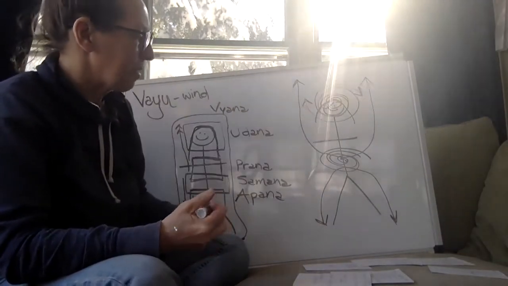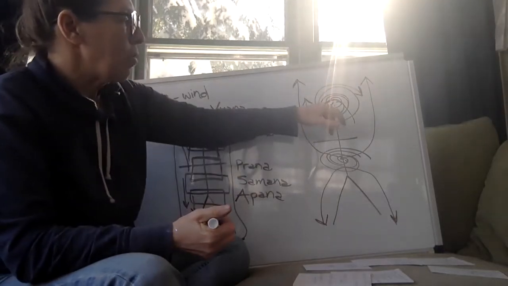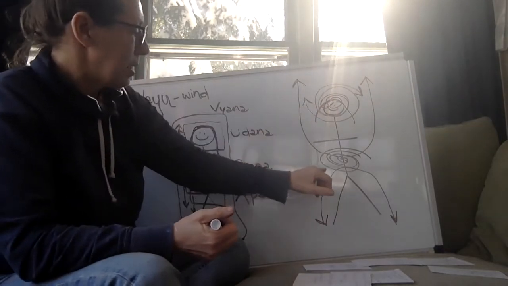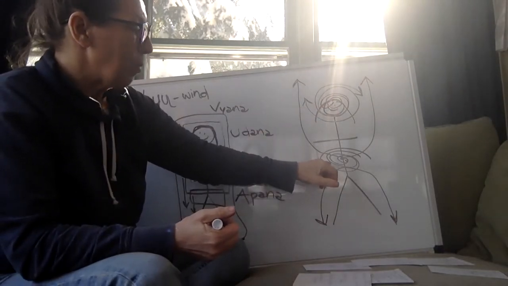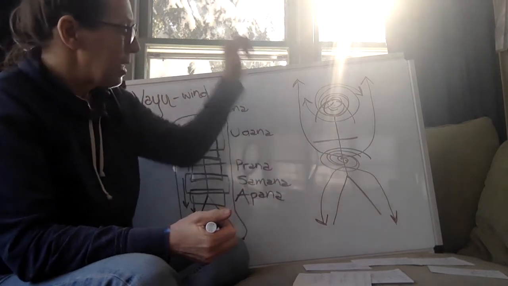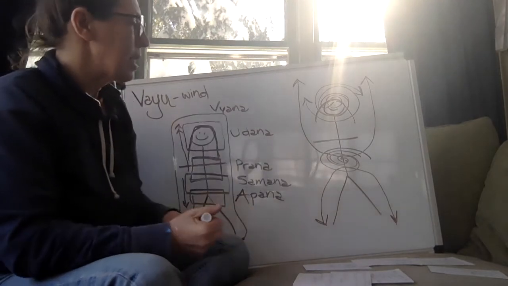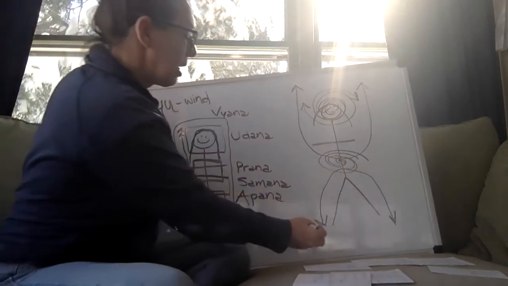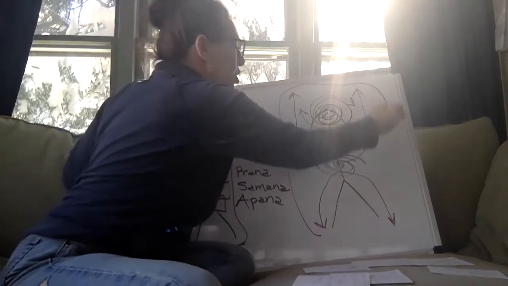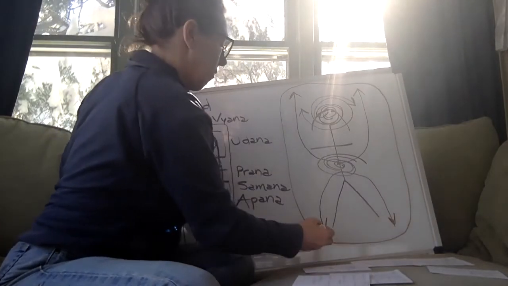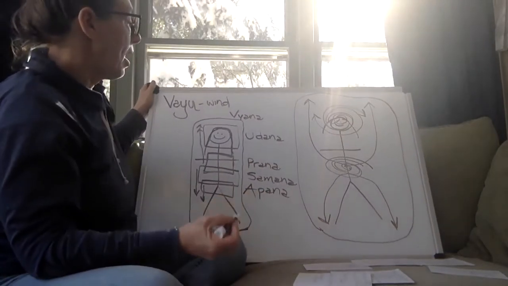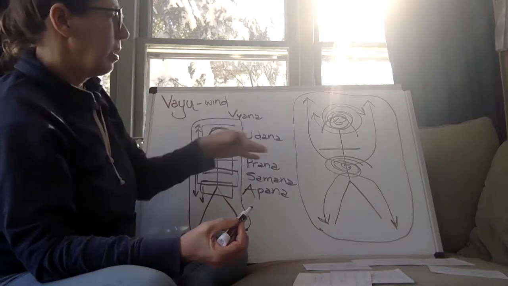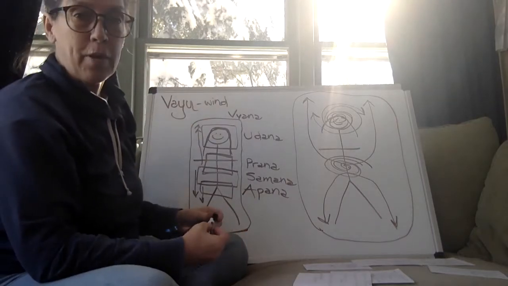Udana Vayu. So Udana Vayu blows outward, Samana Vayu blows inward, Pranavayu is up, Apanavayu is down, and then there's still the overarching Vyanavayu that kind of holds us all together.